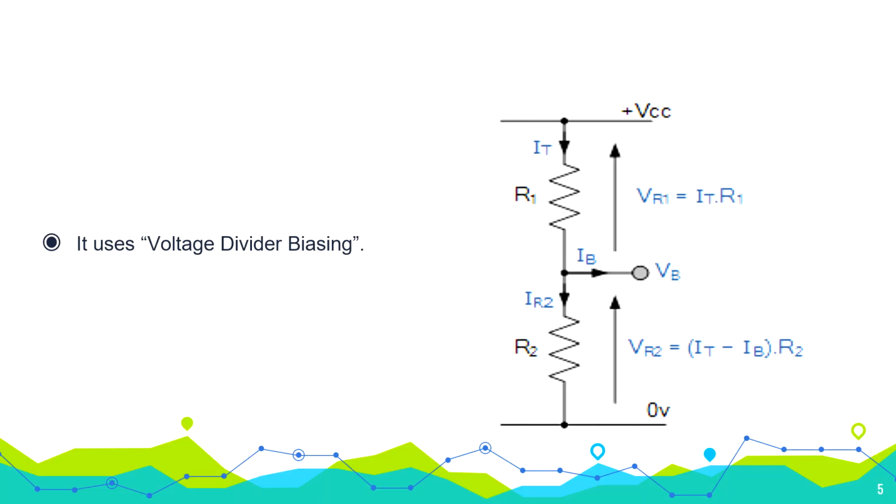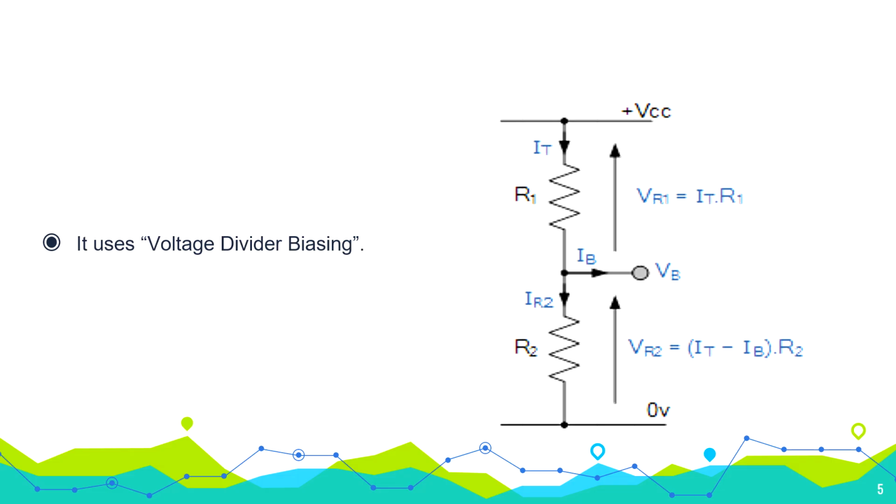The left hand side of the circuit diagram shows the input side of the amplifier, that is the base side of the amplifier. Resistors R1 and R2 act as the input resistors at the base terminal. This is called as voltage divider biasing circuit. These two input resistors, R1 and R2, are used to provide proper biasing for BJT to be used in active region.